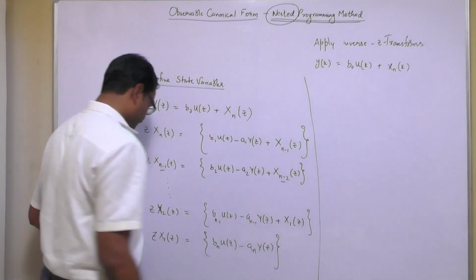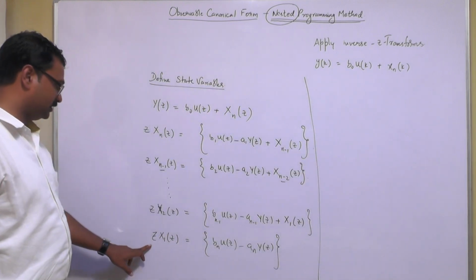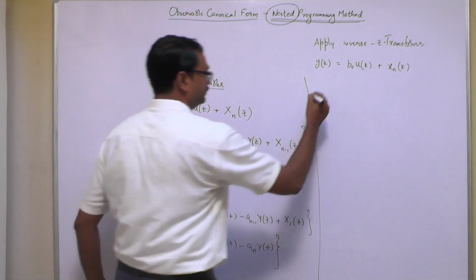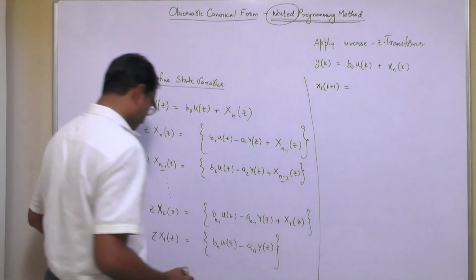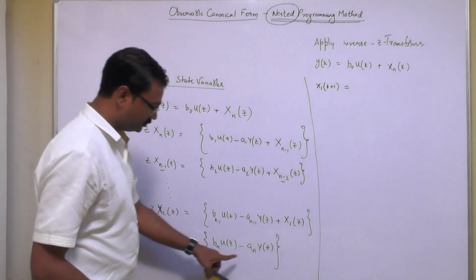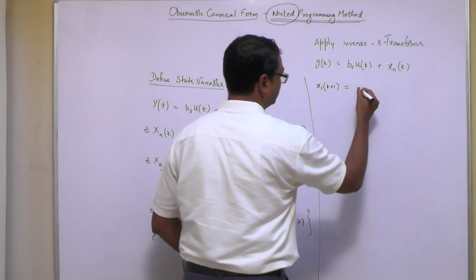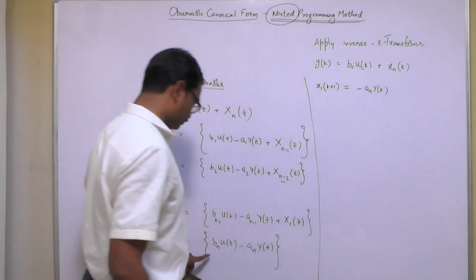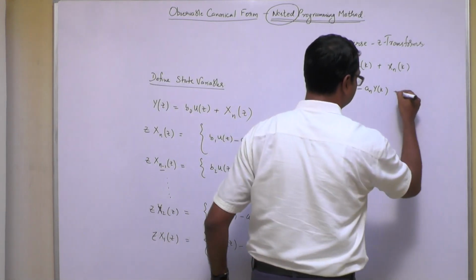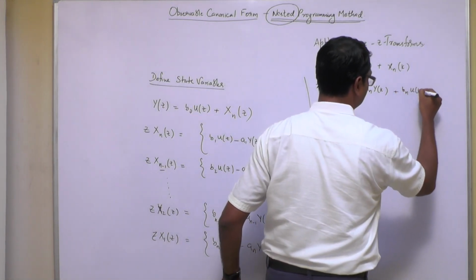In the reverse way, z X1(z) gives x1(k+1) = -an y(k) + bn u(k).